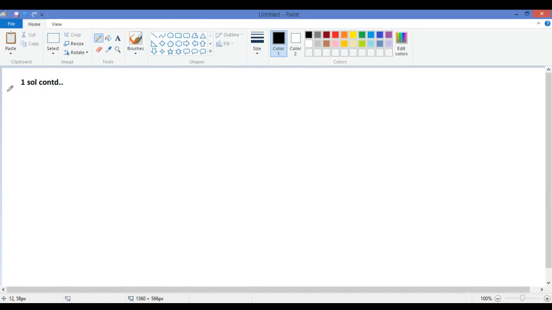So let us learn the next skill, second skill. Second skill is to convert a number of any base into a number in base 10. Okay, this is the skill.